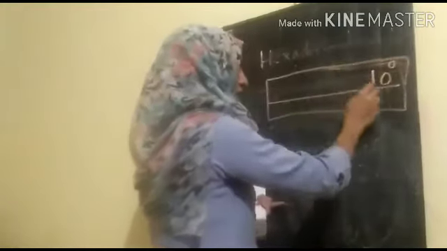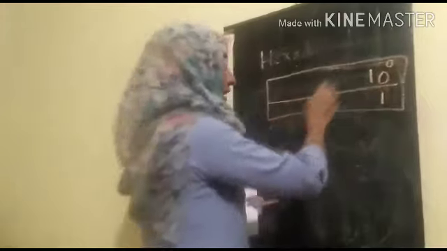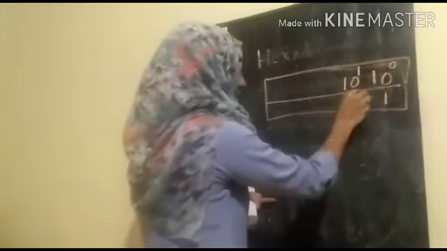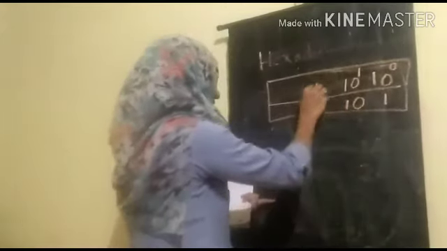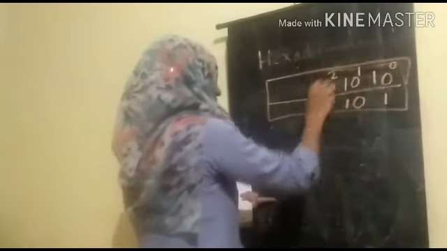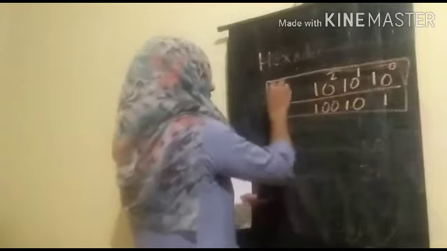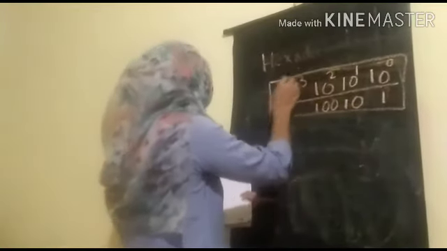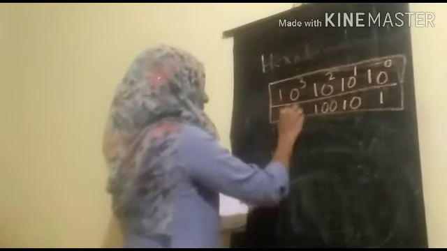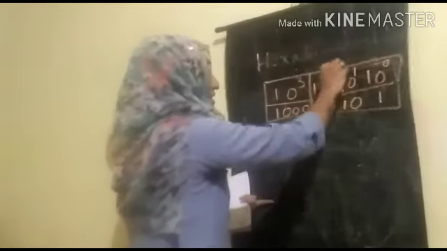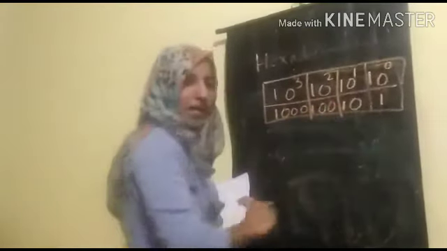The power of 0 is 1. 10 raised to 1 is 10. Then 10 raised to 2 is 100. 10 raised to 3 is 1000. This is the place value of the decimal number system.